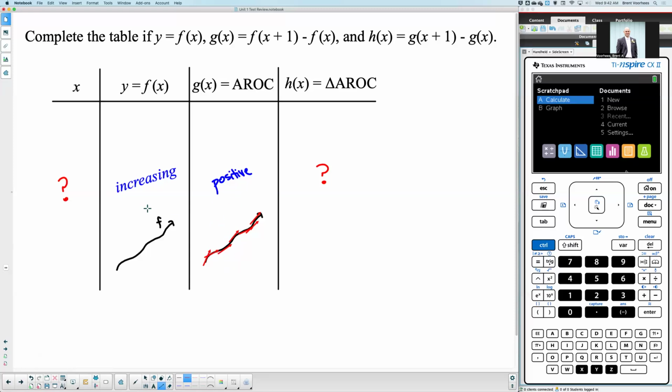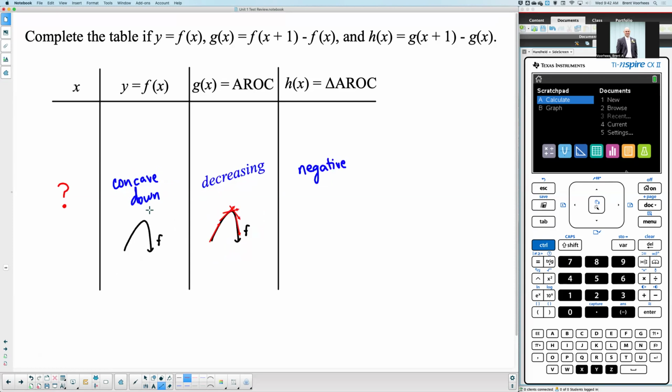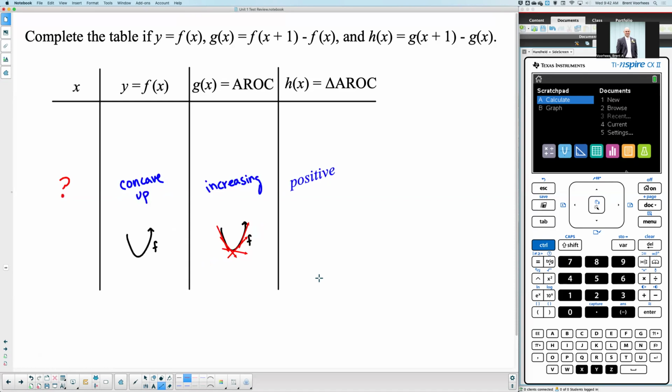So that's all that means. If you have increasing, the next one is always positive. If you have decreasing, the next one is always negative. But truthfully, what you're looking for is concavity, followed by increasing, decreasing, followed by negative, positive. That's what you're ultimately looking for.